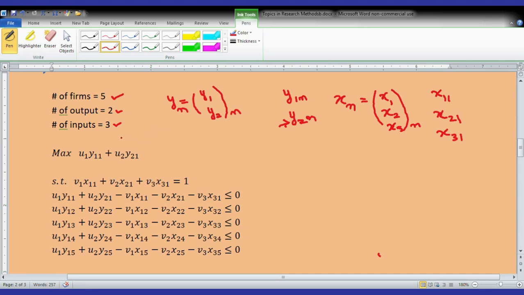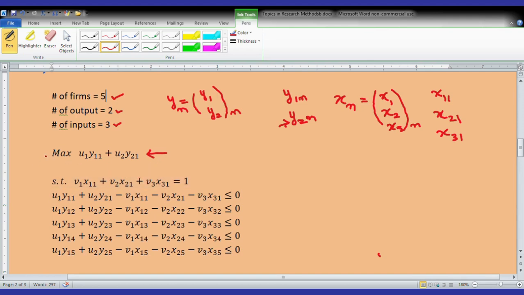We have started this problem with maximization of this number, which is an index of output, and similarly this v1 x11 plus v2 x21 plus v3 x31 is an index of input.